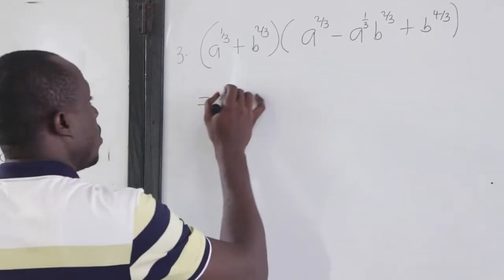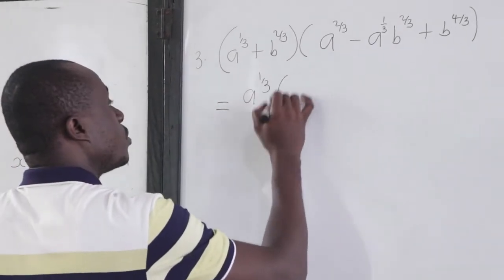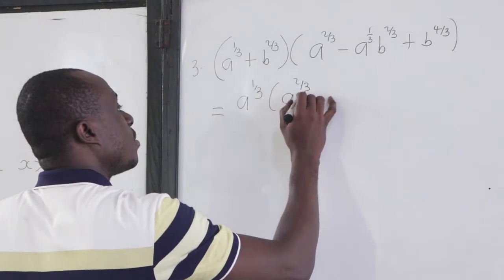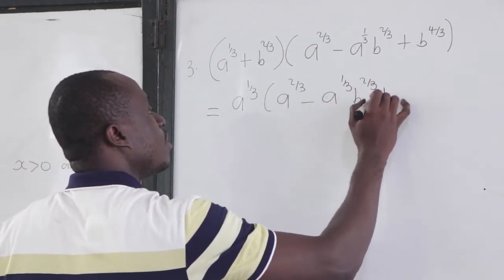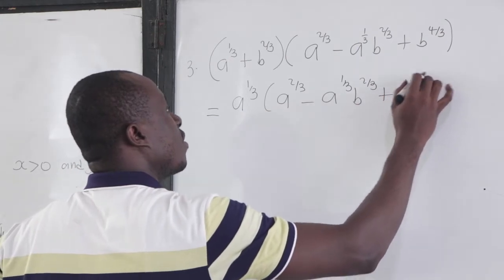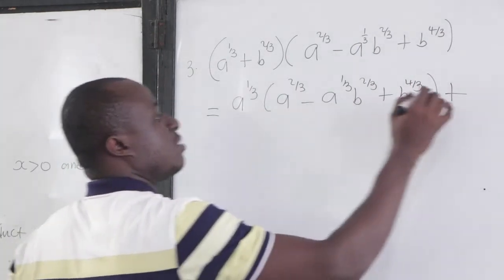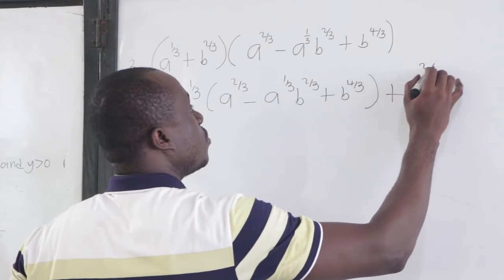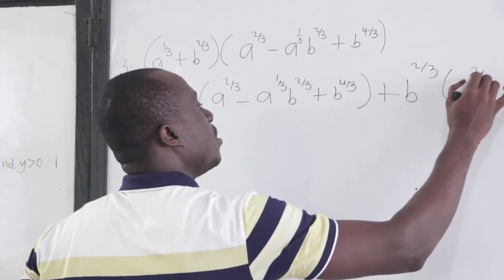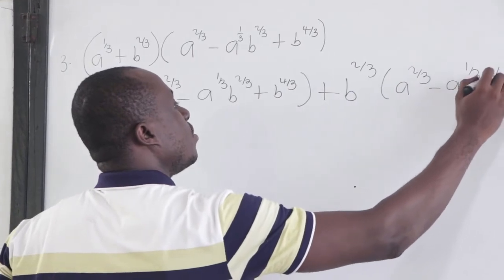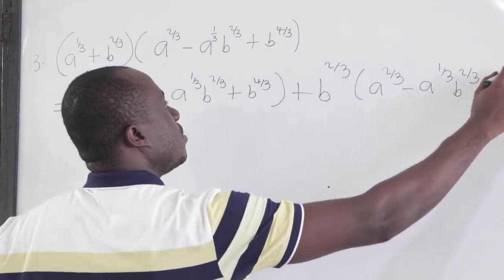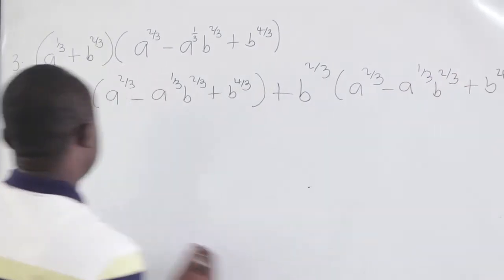So A to the power 1 over 3 multiplied gives A to the power 2 over 3, then A to the power 1 over 3 B to the power 2 over 3, plus B to the power 4 over 3. Then with B to the power 2 over 3, we have A to the power 2 over 3 minus A to the power 1 over 3 B to the power 2 over 3, plus B to the power 4 over 3.